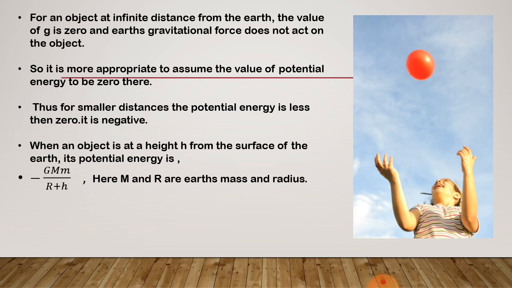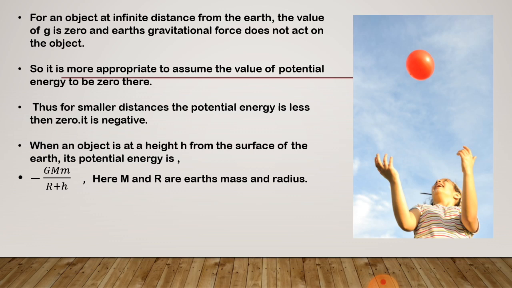So it is important to assume the potential energy to be 0 there. Thus, for smaller distances, the potential energy is less than 0 and it is taken as negative.